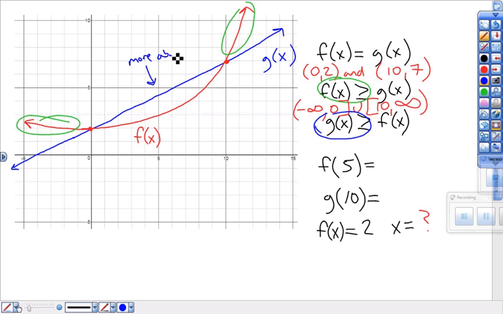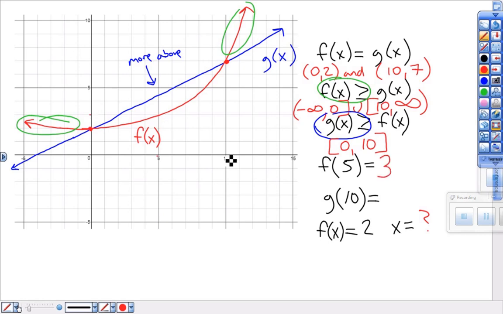So to measure that g line from left to right, from square bracket 0 to square bracket 10, intervals always measure left to right. Always left to right. The only time you measure bottom to top is range. And then of course on this, f of 5, go to the correct line, the red line.